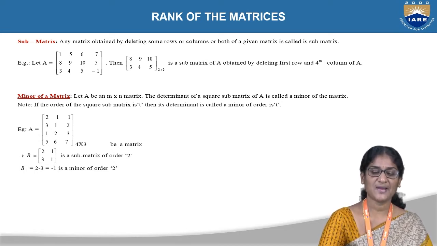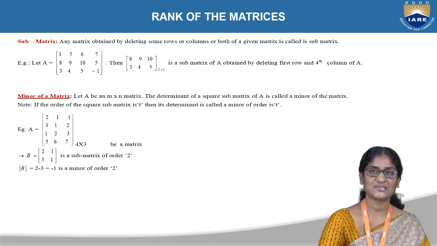Any matrix obtained by deleting some rows and columns or both of a given matrix is called a submatrix. Just like a subset: if you take any set, a subset is obtained by deleting some elements of the set. Here also, deleting some rows or columns or both, the matrix is called a submatrix of the given matrix.